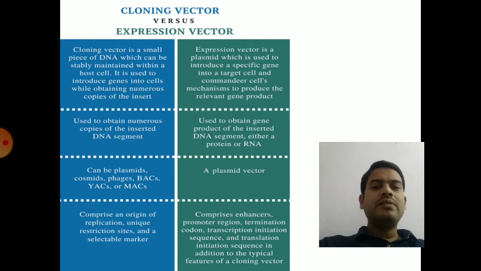That is the function of the expression vector. Examples of cloning vectors include bacterial artificial chromosomes, plasmids, phasmids, cosmids, yeast artificial chromosomes, etc. An example of an expression vector is a plasmid vector, for example, the tumor inducing plasmid, Ti plasmid.